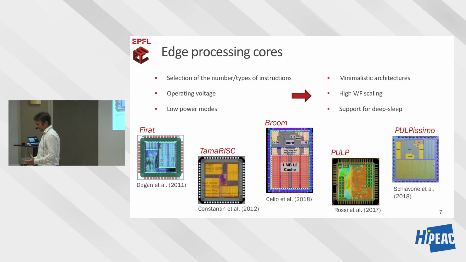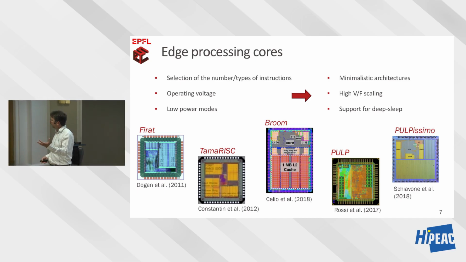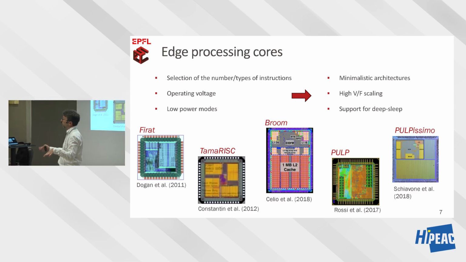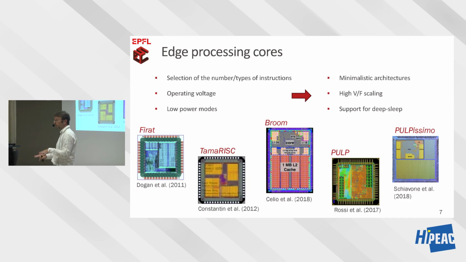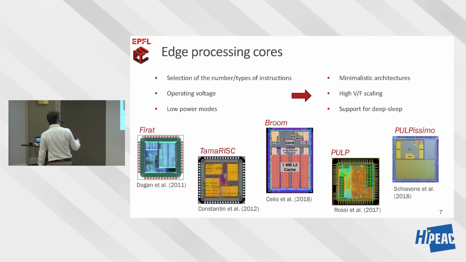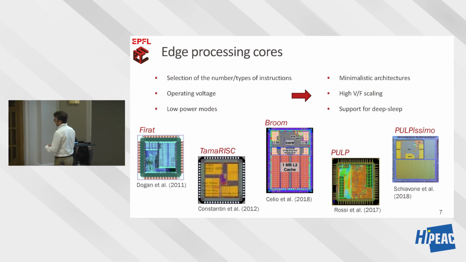Of course, if you have a higher voltage, you can support a faster frequency, while if you have a lower voltage, you can support operations with a lower energy envelope. More on that in a few slides. Then, basically, all of them supported different types of low power management and different deep sleep modes.